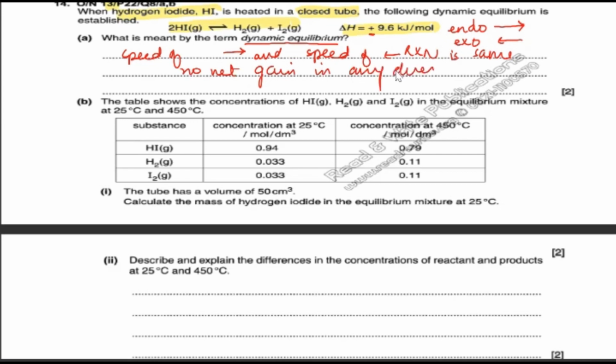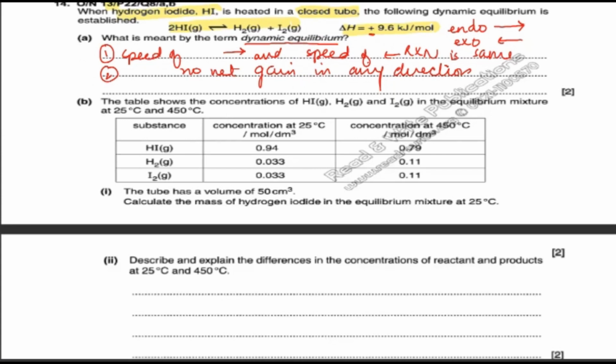So the first mark is for writing that the speed of the forward and the backward reaction is the same. And the second is that there's no net gain in any of the directions. That means the dynamic equilibrium will be maintained. Neither in the forward direction will you get more product, nor in the backward, so dynamic equilibrium is maintained.